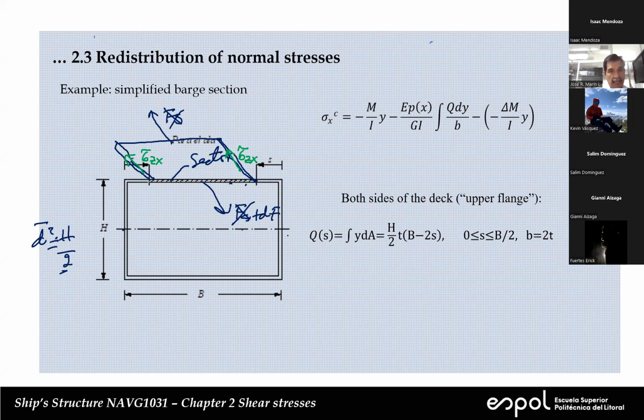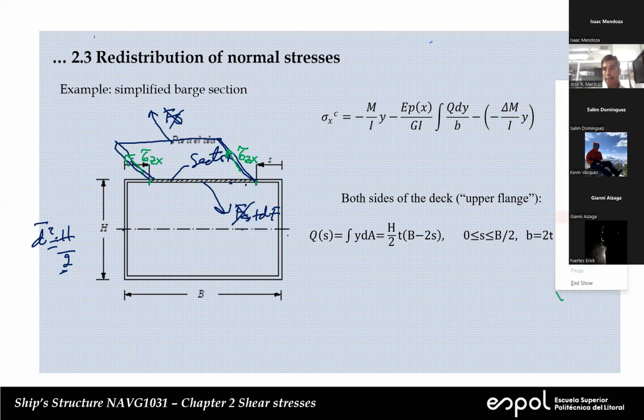Now, you are seeing that the sector starts here and ends here. So this is the area of the sector, but we have to be careful because in this case, the tau is twice, okay? That's what I'm writing here. So in this case, we consider both sides.